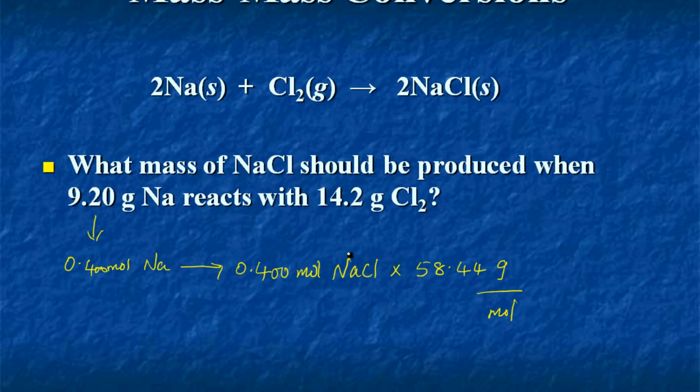So the mole and mole will go away and you get the grams of NaCl. How many grams of NaCl? 23.376. How many sig figs do we need? We need only 3. So 23.4 grams.